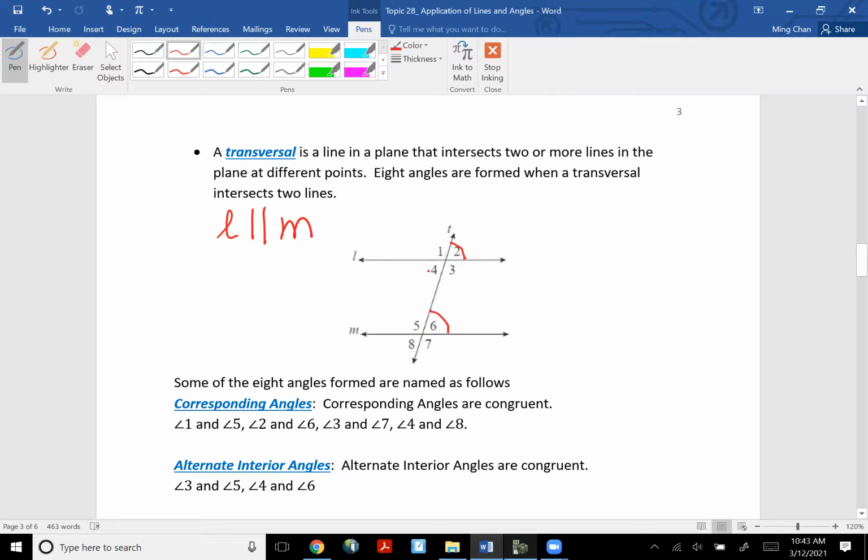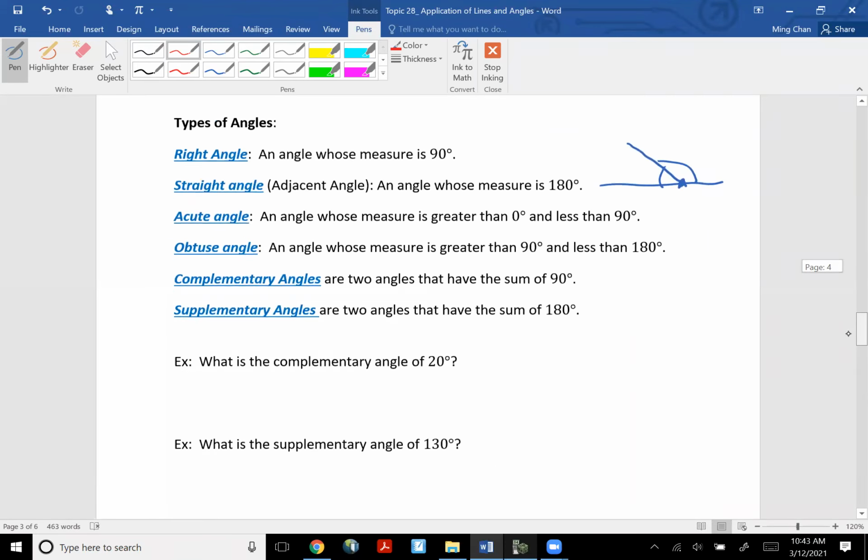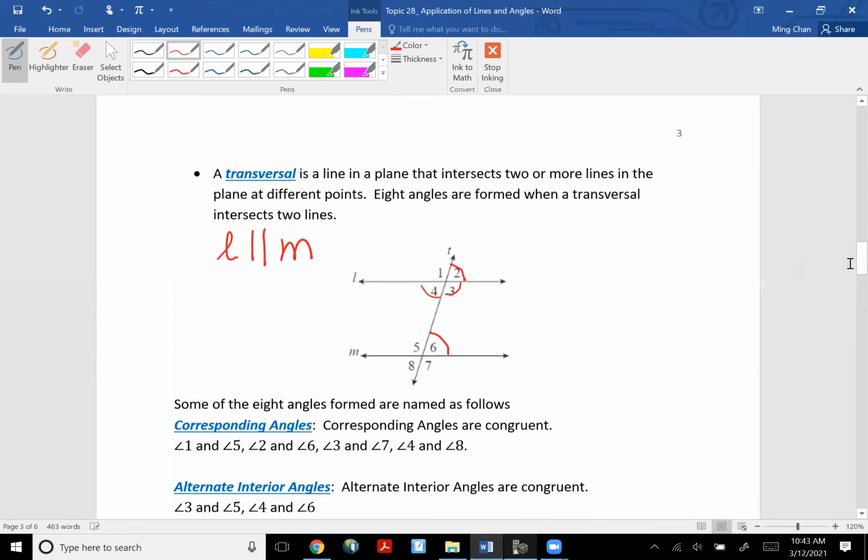You cannot say angle 4 and 3 are alternate interior because angle 4 and 3 are actually sitting on the same line L. So they will be considered as adjacent angles or straight angles. And together they are 180. So the alternate interior here refers to angle 4 and angle 6, alternating the side, or the diagonal angles here are, excuse me, congruent.